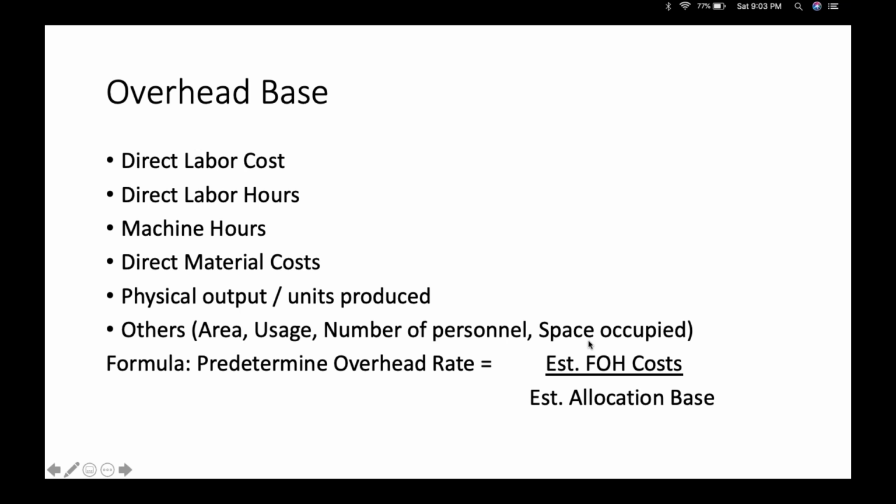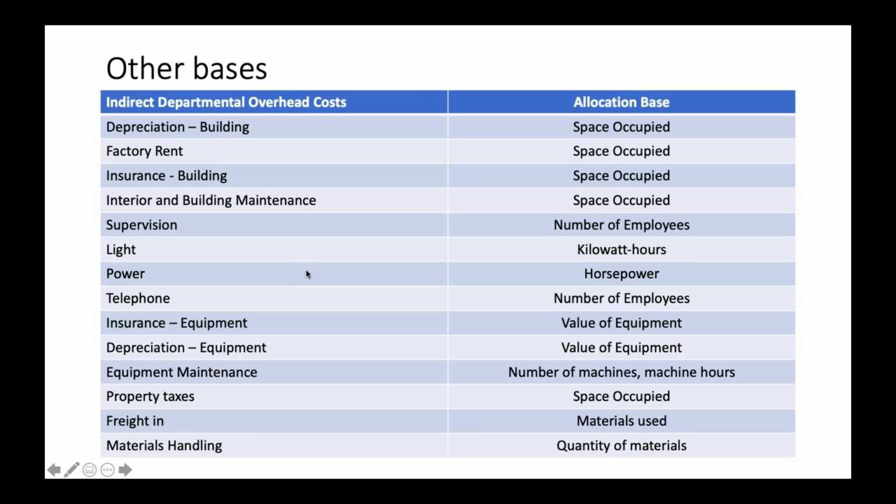each basis must be related to the factory overhead that we want to calculate. Like, for example, if we are to distribute the depreciation expense of the building, we can use space occupied.